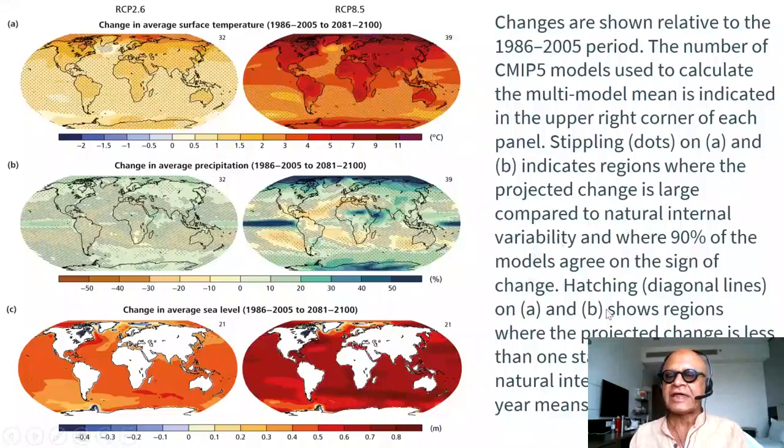Okay, and what else? Hatching, the diagonal lines shown here in A and B, show regions where the projected change is less than one standard deviation of the natural internal variability in 20-year means. So that means that the projected change cannot be confidently separated from the natural internal variability.